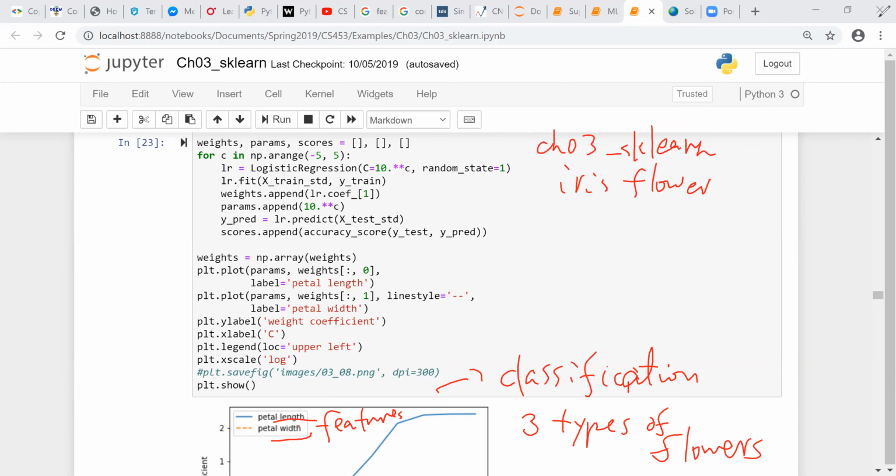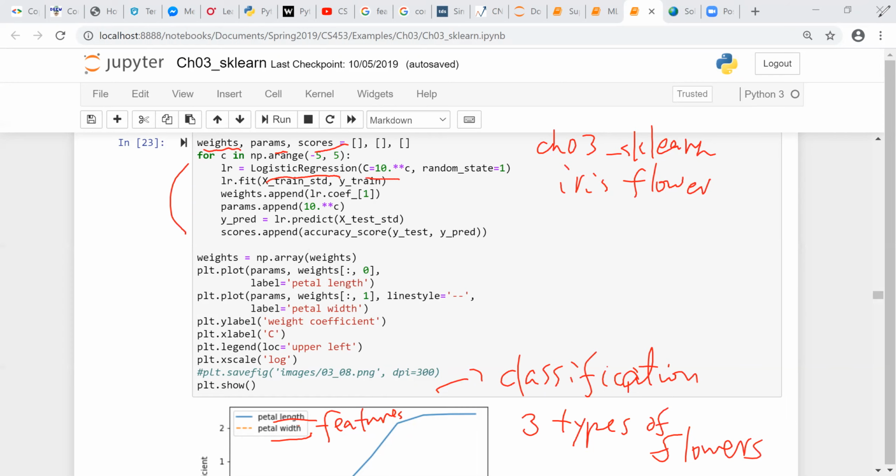In this part of the program, we try to collect weights, parameters, and scores. We use a loop, with about 10 iterations, and we are going to use logistic regression.